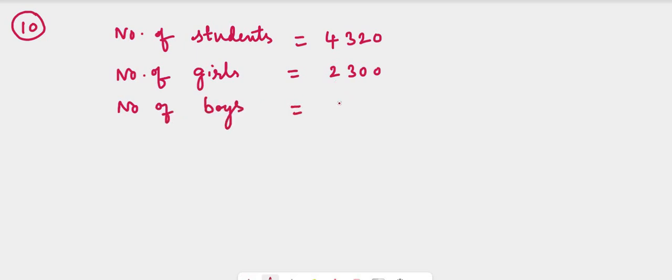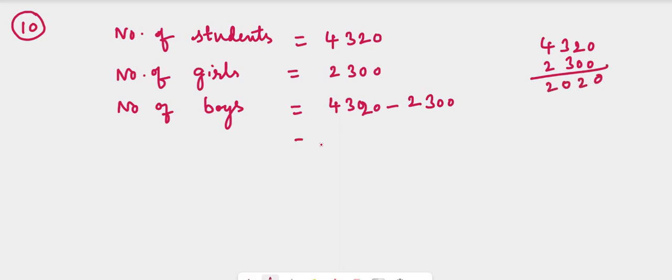How to calculate number of boys? Total number of students minus number of girls. 4,320 minus 2,300. That is called 2020.